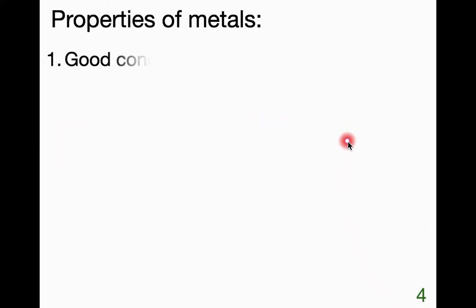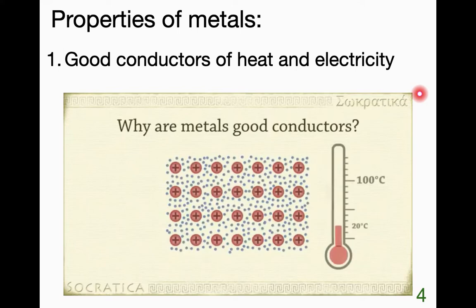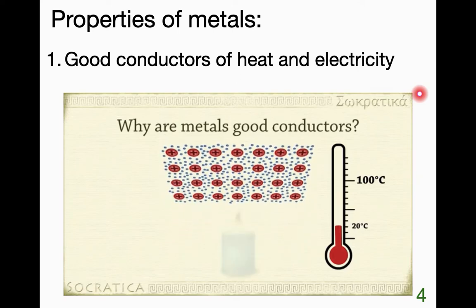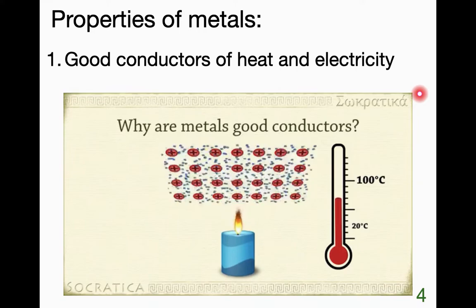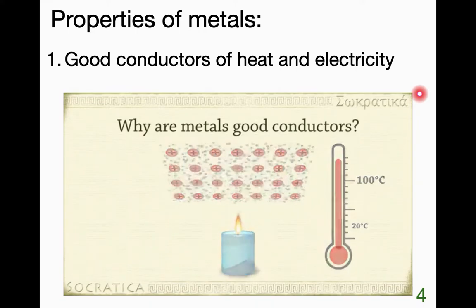Properties of metals. They're good conductors of heat and electricity. I'll show you a little video clip. Free flow of electrons explains the ability of metals to conduct heat and electricity. When you heat up a metal, the free electrons quickly start vibrating. Increased kinetic energy means increased temperature.